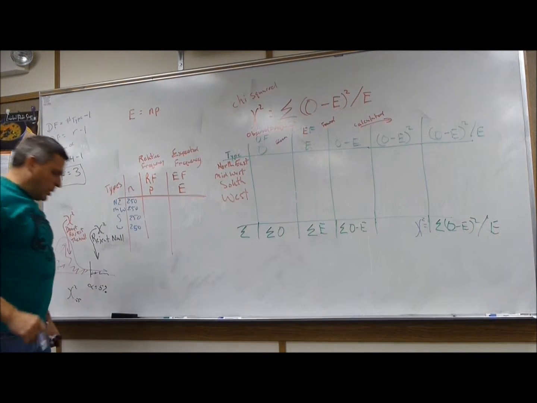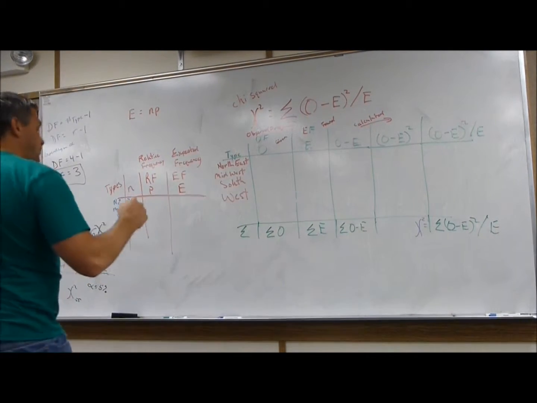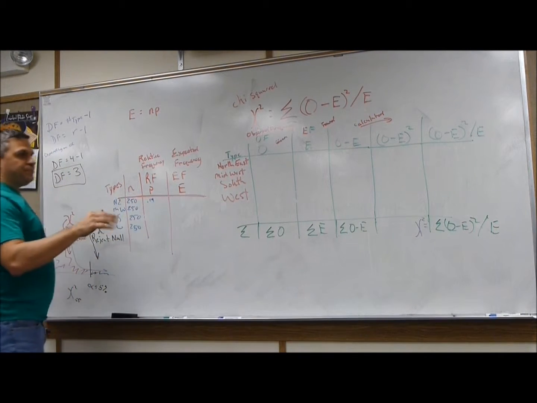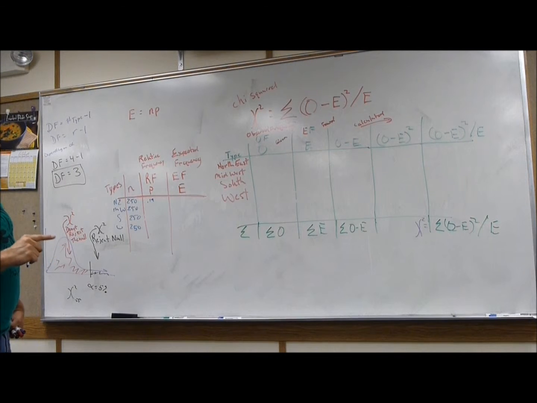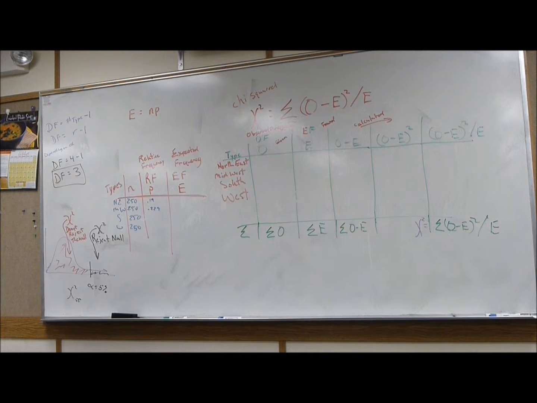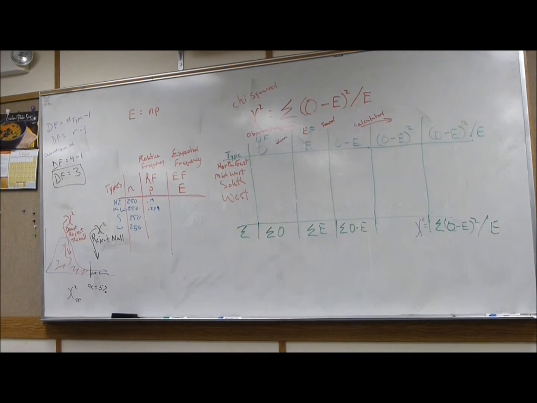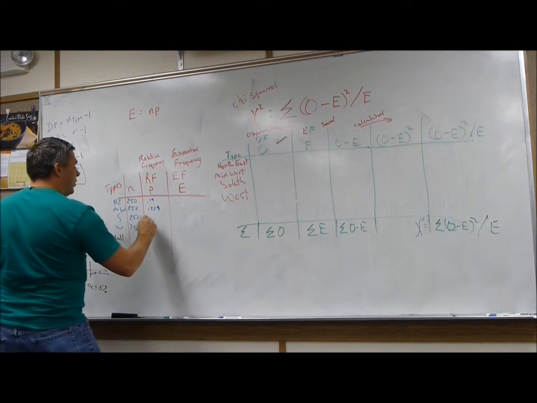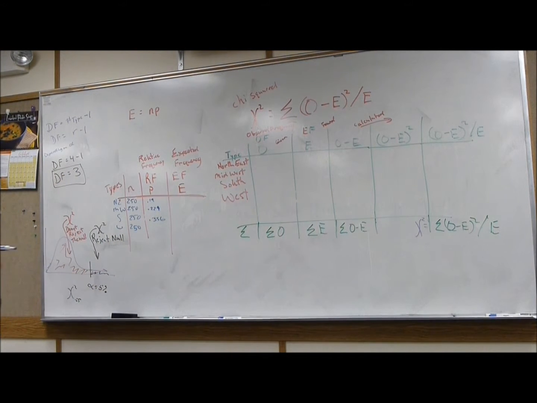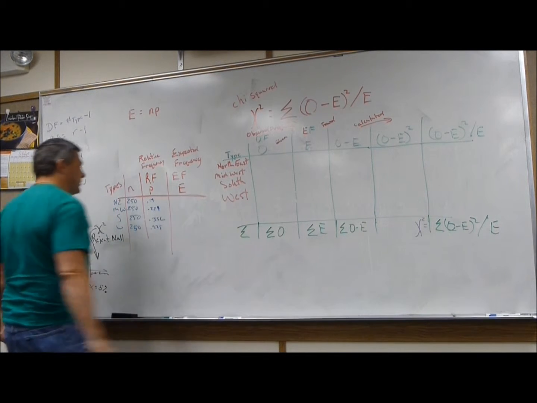And then the relative frequencies that were given were 19% or 0.19, 22.9% or 0.229, 35.6% or 0.356, and 22.5%, which is 0.225.